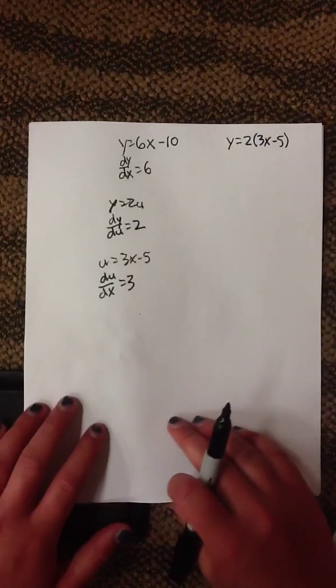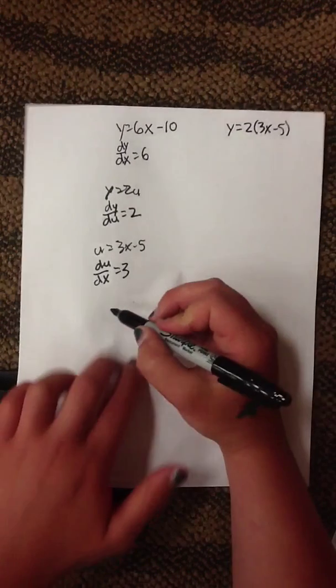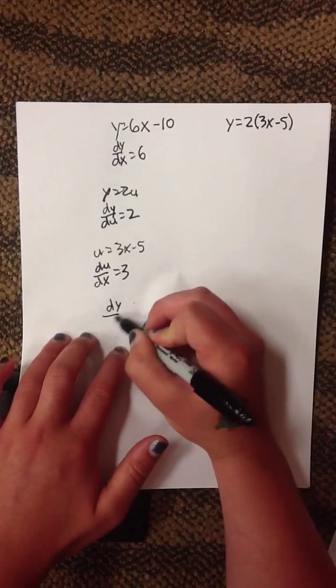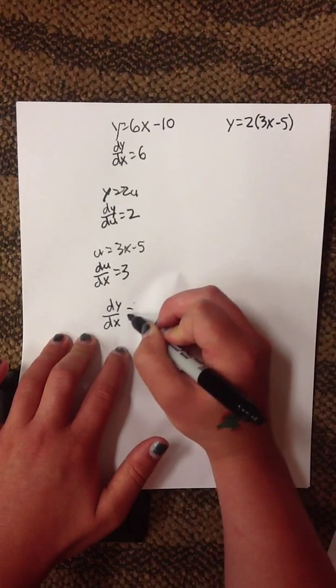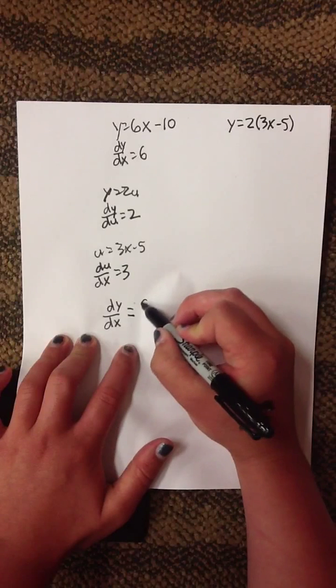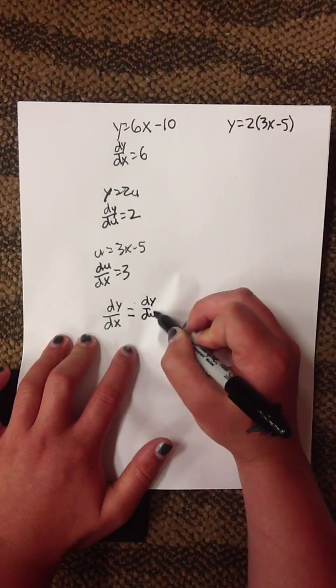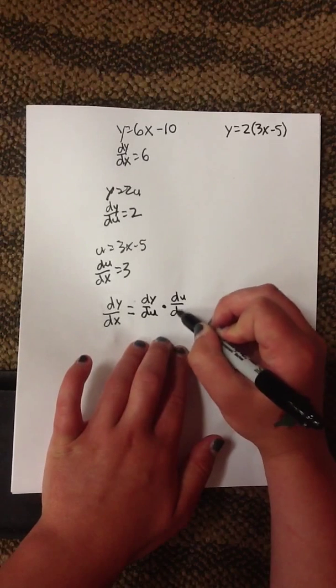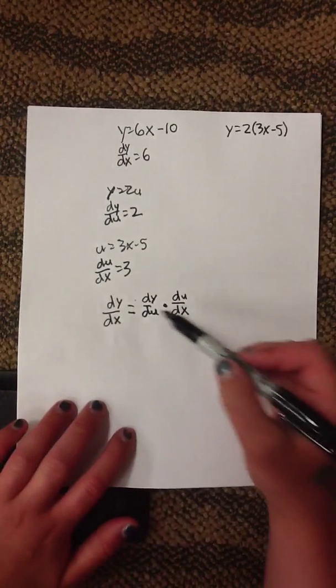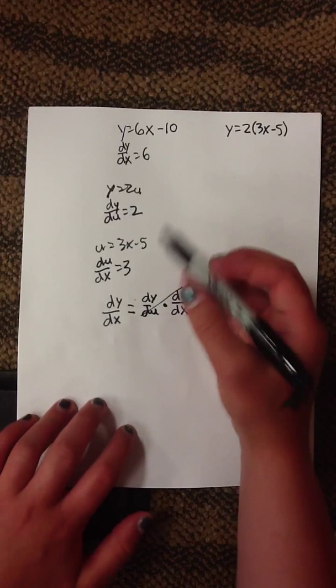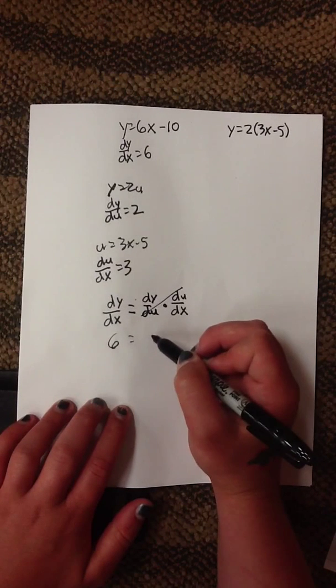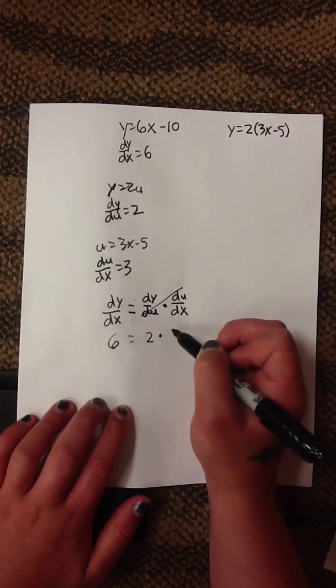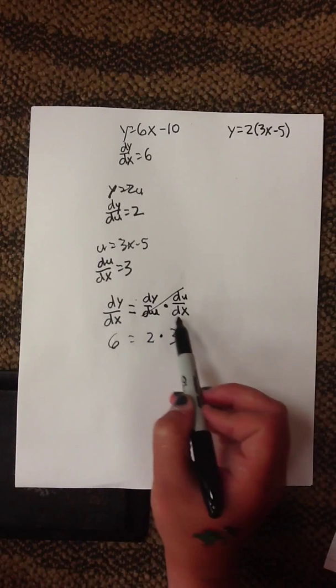So, rearranging this a little bit, dy dx equals dy du times du dx. You can see that the du's cancel. And you're left with dy dx.